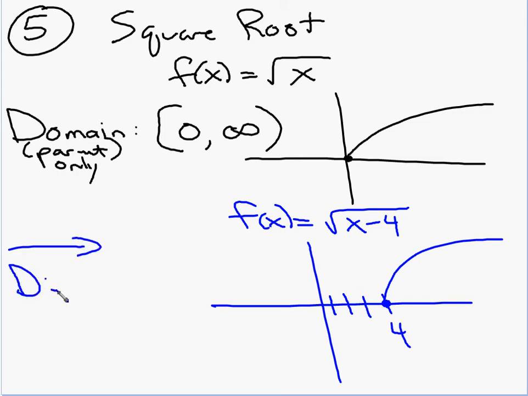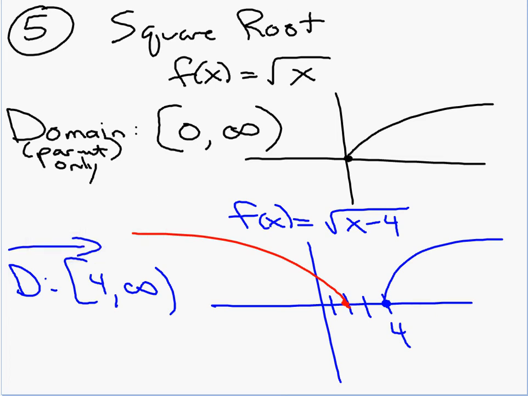Wouldn't it be 4 to infinity? Right? So it changes. And these things can be flipped around backwards. A square root function can also look like this, which would change its domain. These things can be flipped every single direction, which means it's kind of hard for us to make a good domain statement for all of them.